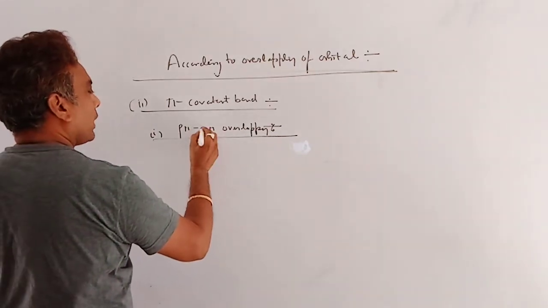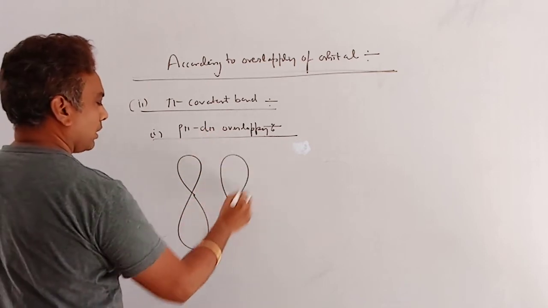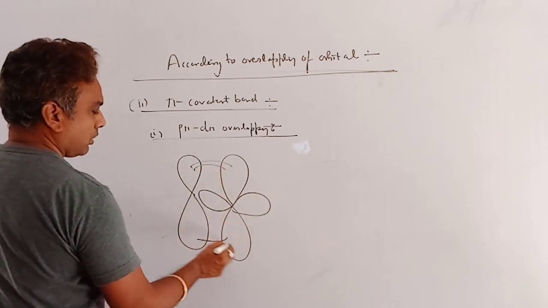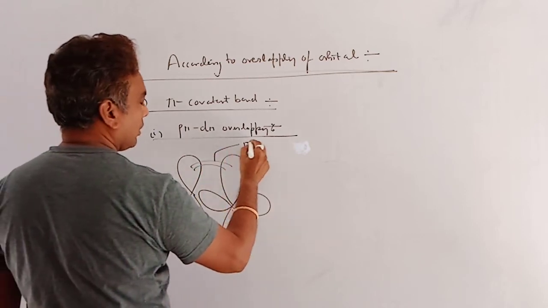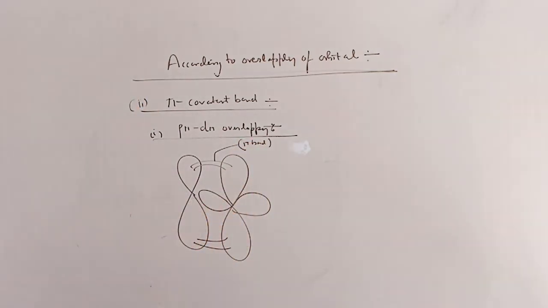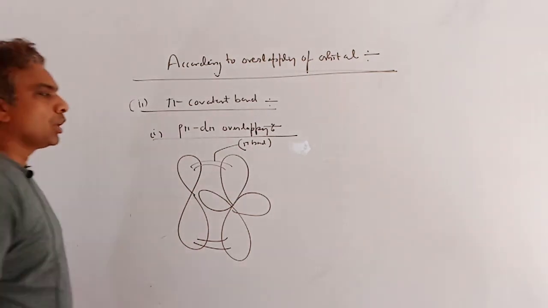Second one is p pi d pi. One p orbital overlaps with another d orbital to form pi bond, but due to the lobes of the d subshell, no nodal plane is observed.